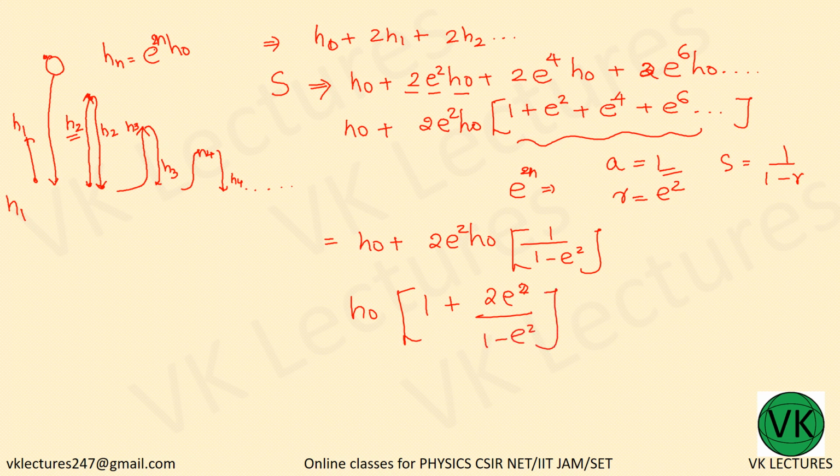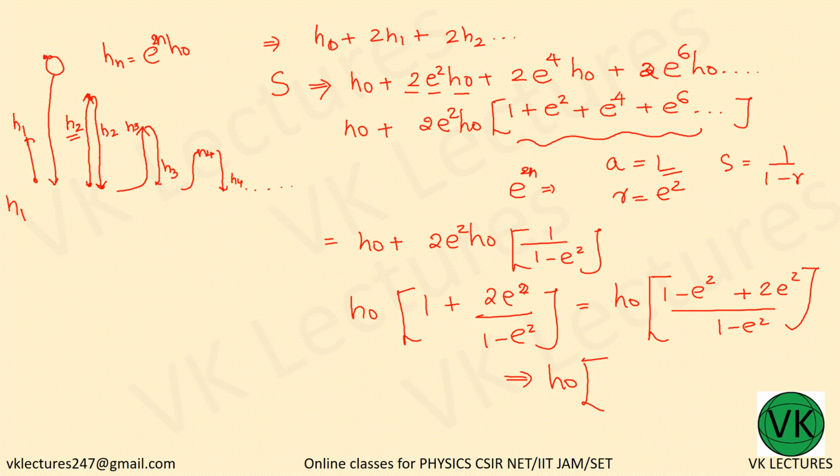This will be h naught into 1 minus e square plus 2e square divided by 1 minus e square. Now the last step, this will be 1 plus e square divided by 1 minus e square. This is the total distance.